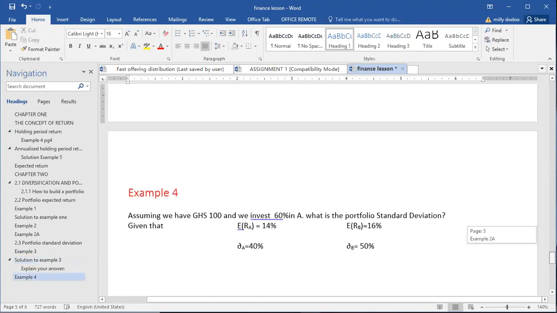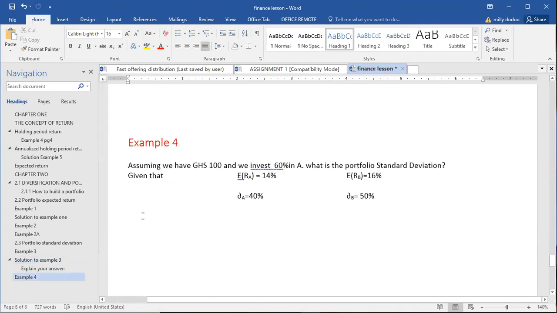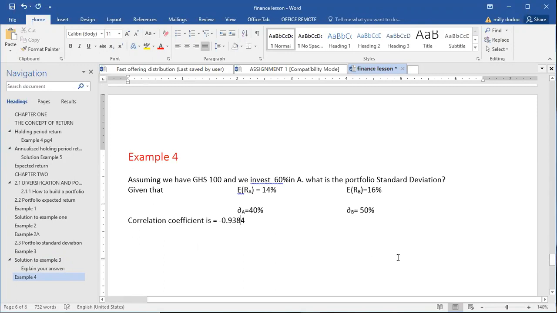So the next question is here. Assume that, so illustration 4, we are also assuming that the correlation coefficient is this. So you have the next few minutes to solve it, and then you give me your answer.